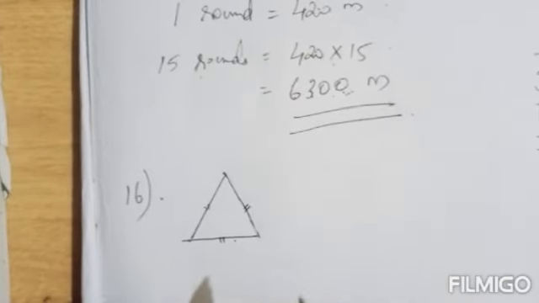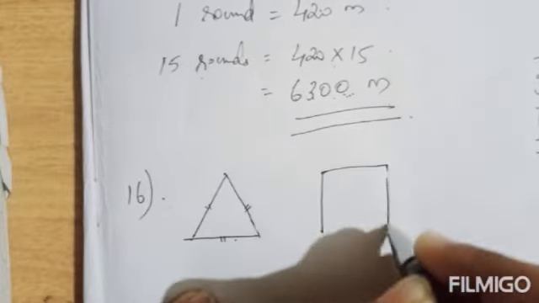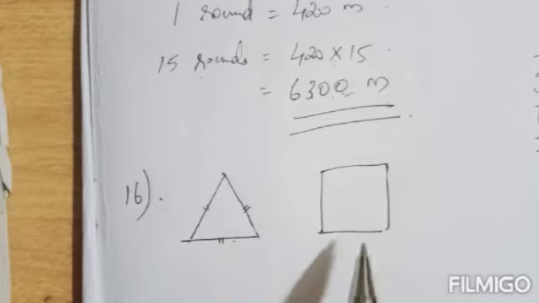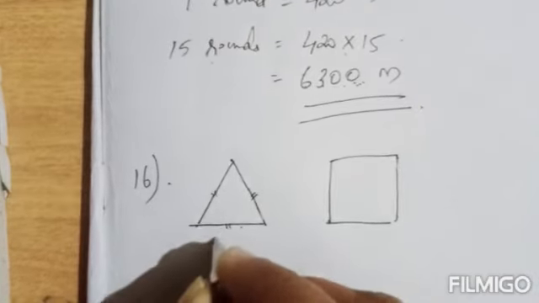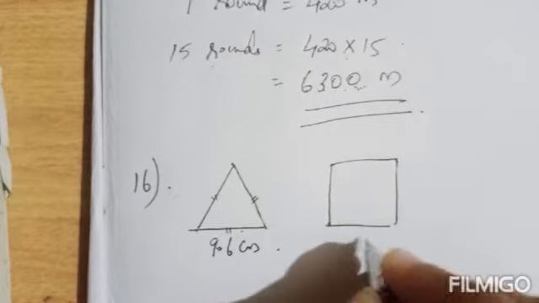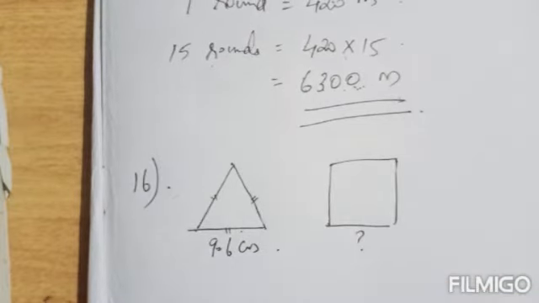One square is there. They have equal perimeter. Perimeter of this equilateral triangle is equal to perimeter of this square. One side of the triangle is given 9.6 centimeter, you have to find the length of the side of the square.